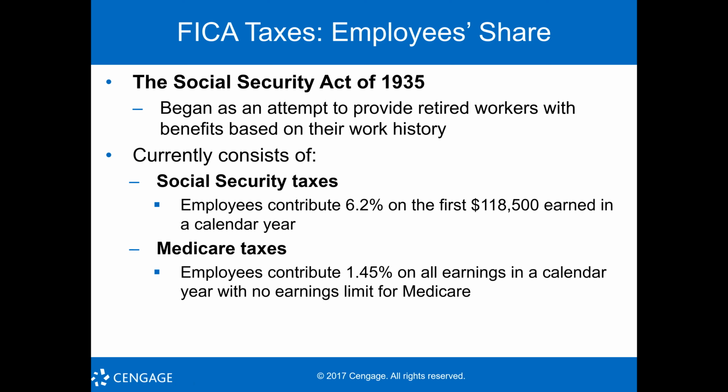Both of these together, Social Security taxes and Medicare taxes, make up our FICA taxes, right? Medicare and Social Security are FICA. So when we talk about FICA taxes, there are two FICA taxes: FICA Social Security and FICA Medicare, right?